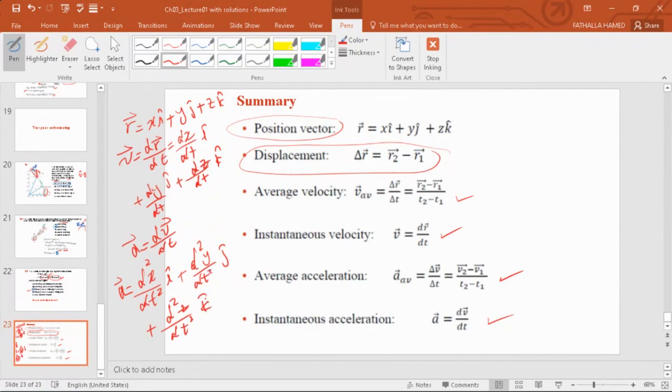I mean, you can also take the second derivative of position relative to time to get acceleration. Is this clear? Any questions on this? Good.